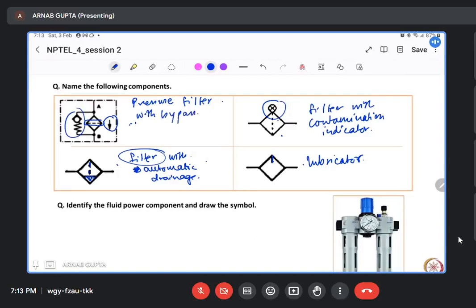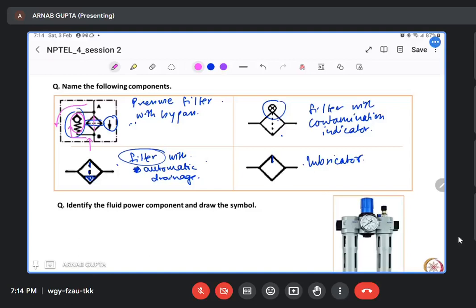What is the work of this bypass? It means that if the flow is happening from B to A in this particular direction, it can't flow through this NRV, sorry, it can't flow through this valve because it will block the flow. It needs to flow through the filter, right?